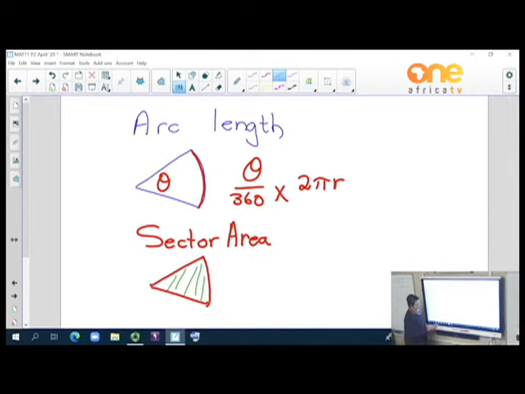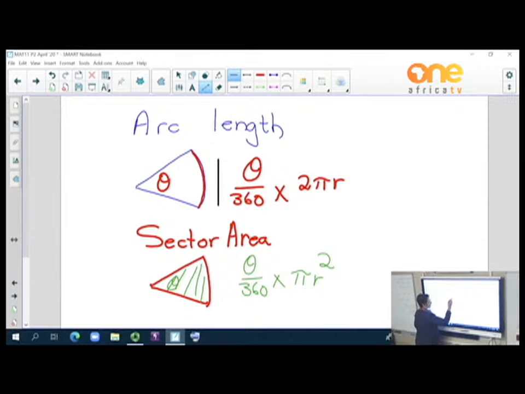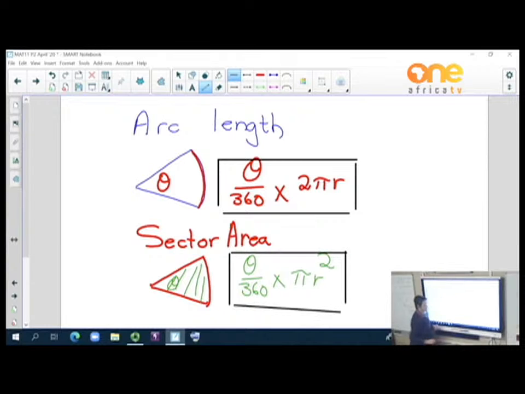So this one is theta over 360 of the area, so of pi r squared. That's the 2 formulas that we're going to use. Okay. So your brain likes a block, so put it in a block there so that you can see them. That's what we're going to use.